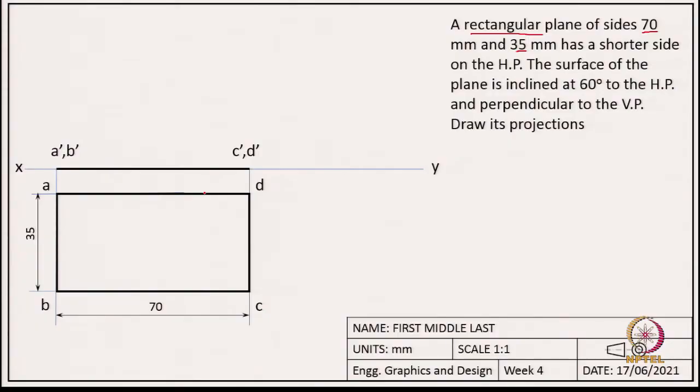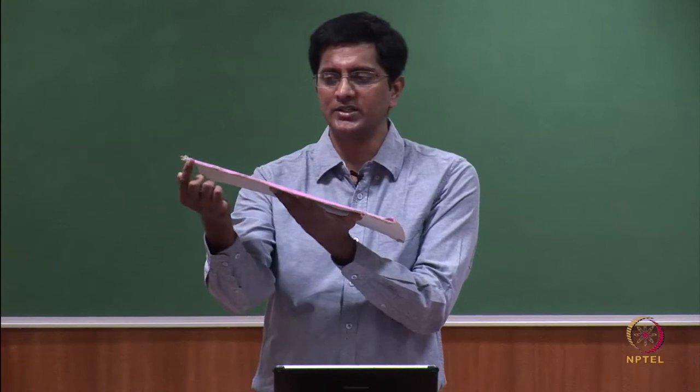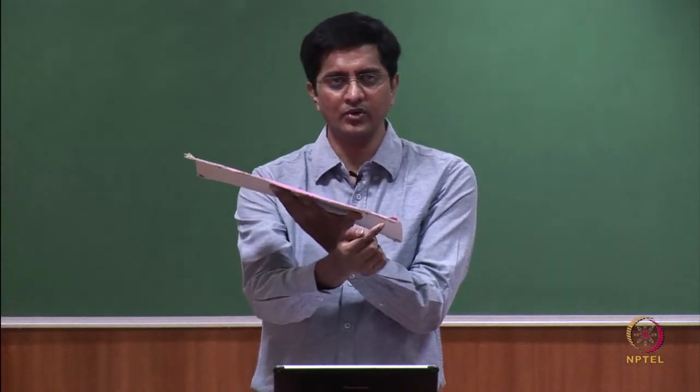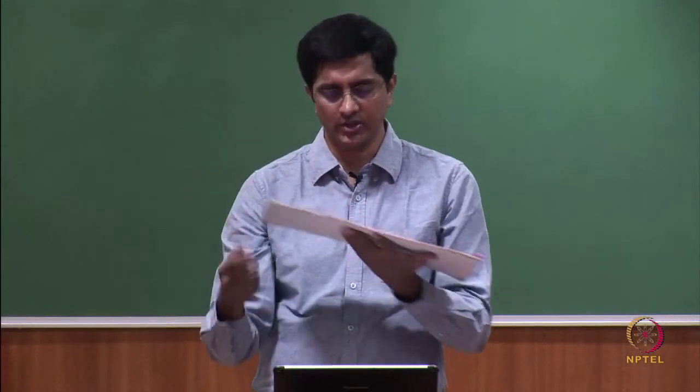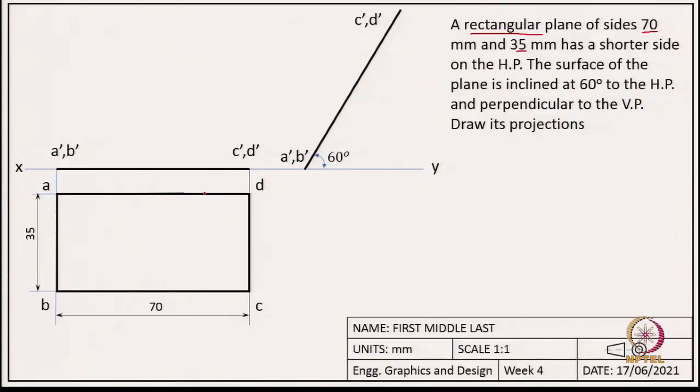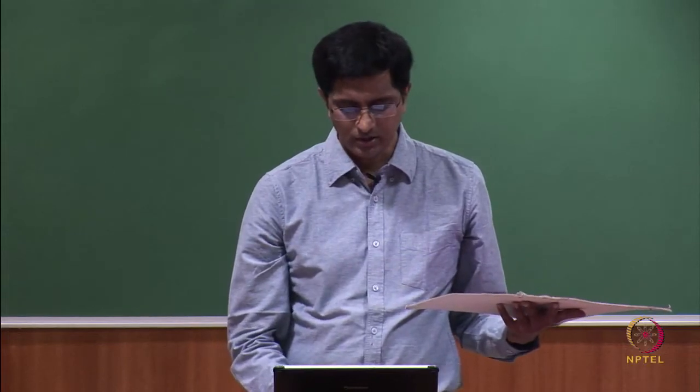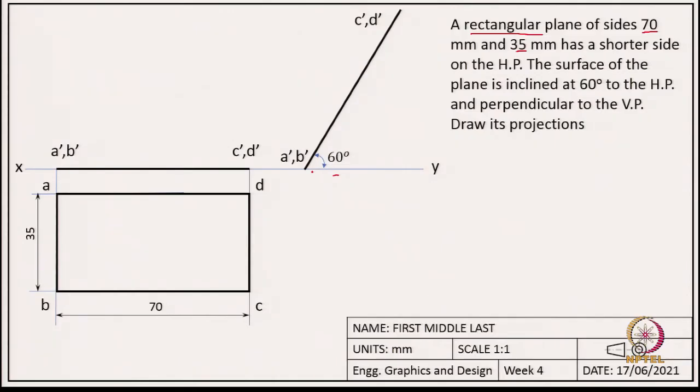So, for the inclined plane, which one will we draw first? We said in the inclined plane it is easy to start with the front view because we capture the true length. So, we draw a line which is inclined at 60 degrees, and then since we know the length of this edge as 70, we draw this line A dash B dash to C dash D dash.